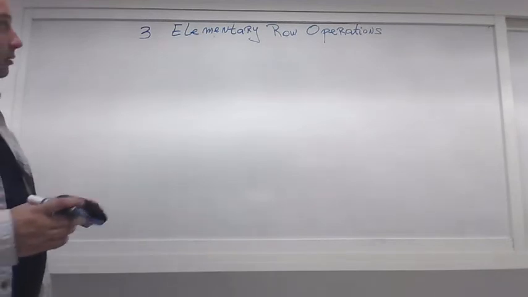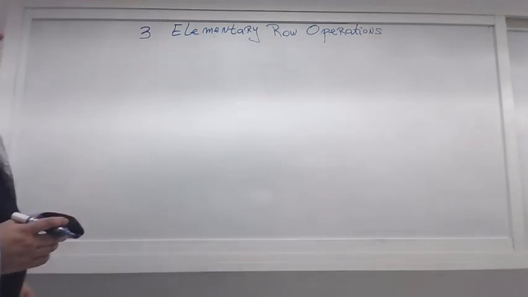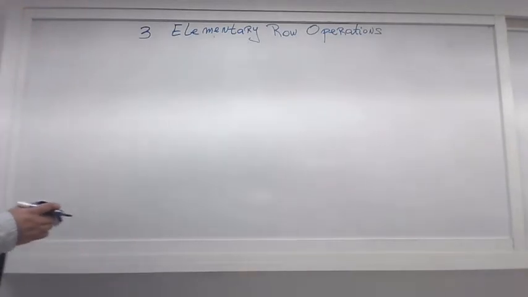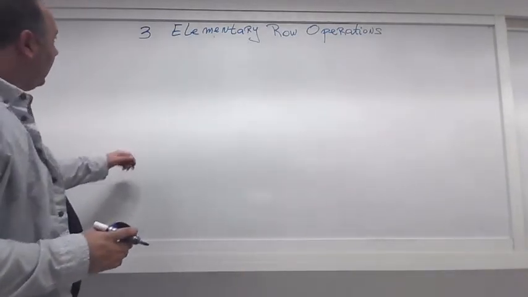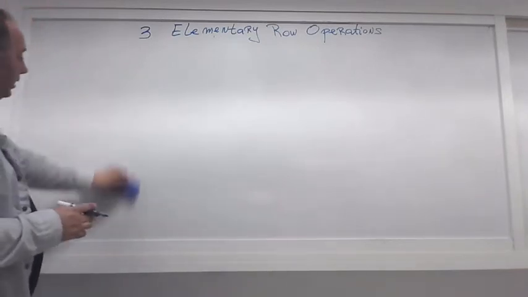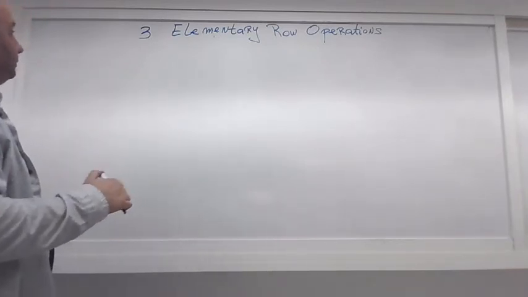Well, that's interesting because we can simplify the systems. That's what we are going to see in the Gauss-Jordan solution method. Those are important things. That's why elementary operations are interesting.